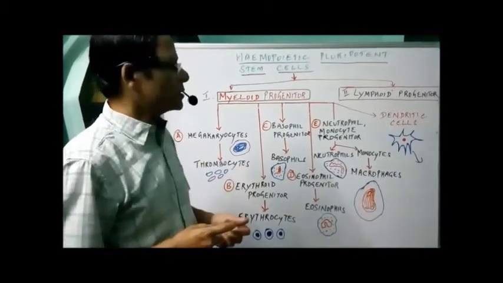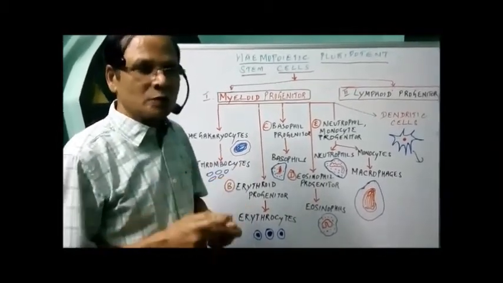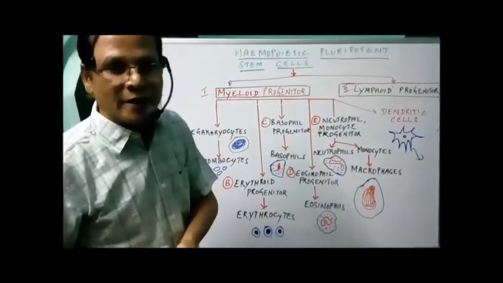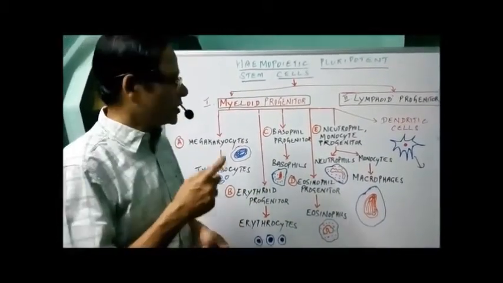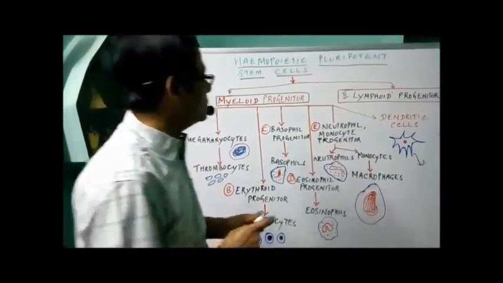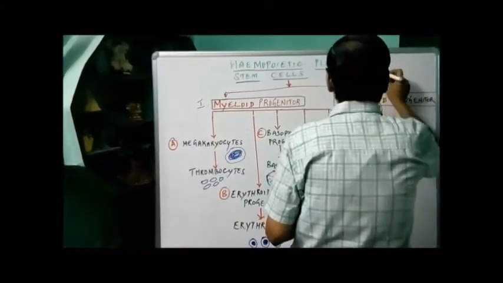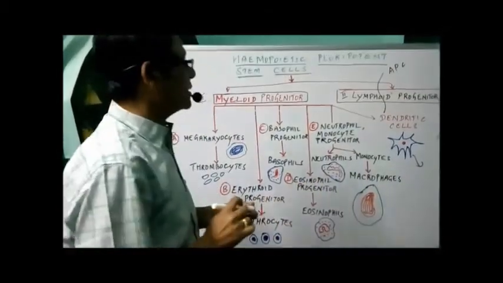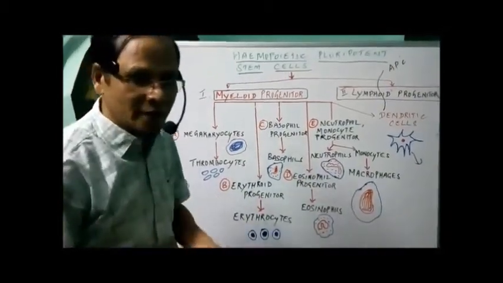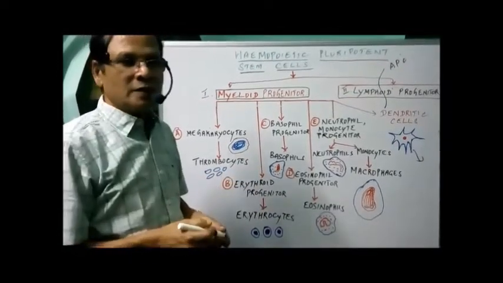The dendritic cells are responsible for presenting antigen to the helper T cells. Their function is presenting antigen, so these dendritic cells act as APC, antigen presenting cells, presenting the antigen to the T helper cells.